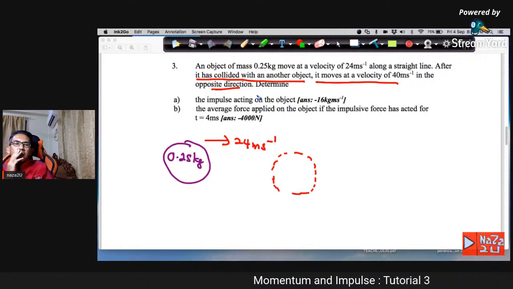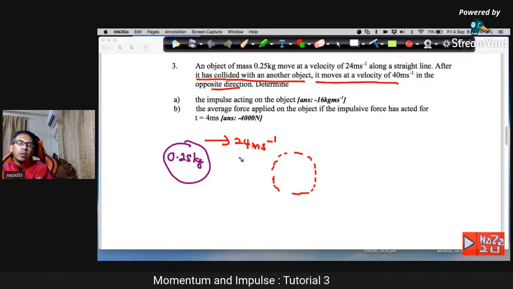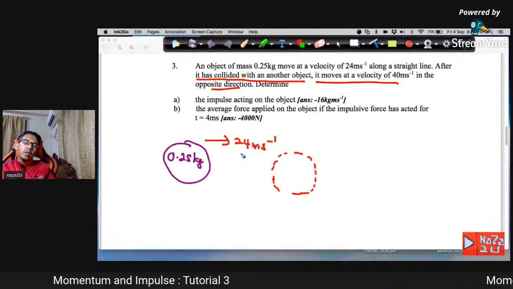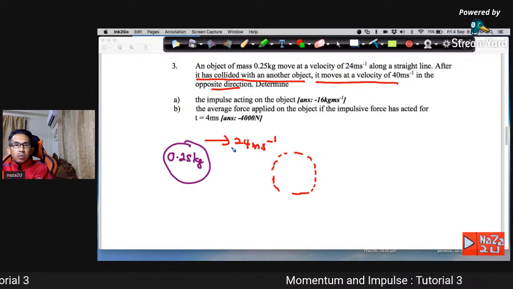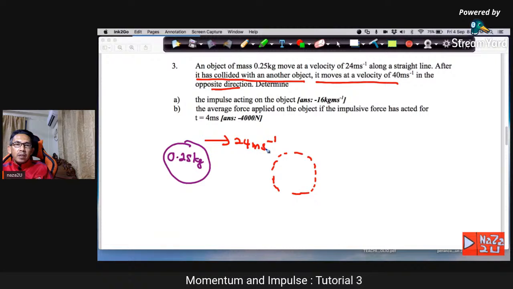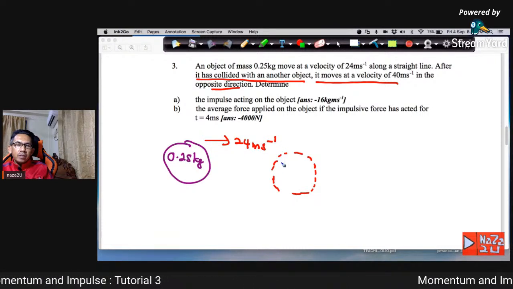So now here is a collision between the two objects. Okay, the first object with a mass 0.25 kilogram, and the second object, this is an unknown object.